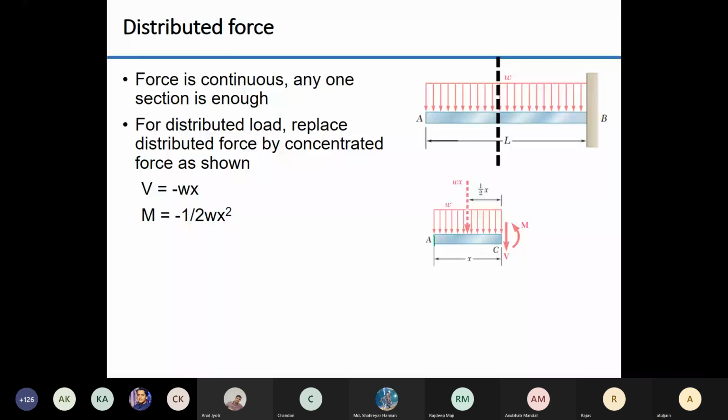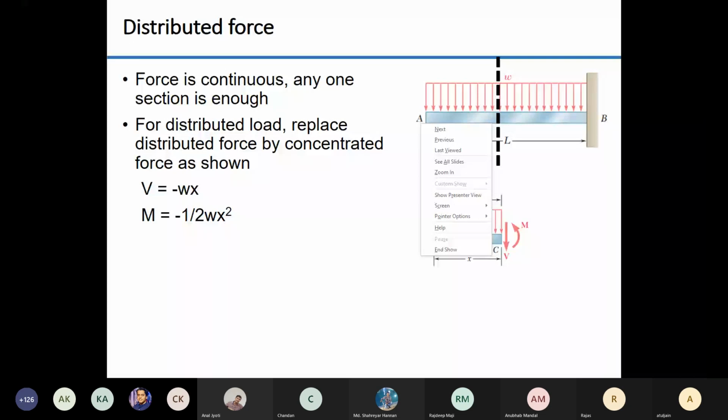So what should you do? When you are looking at uniformly distributed load, you can make a cut anywhere where the distributed load is there. Draw the free body diagram of either the left side or the right side, and the free body diagram will look like this. Don't forget about this dotted arrow for the time being.